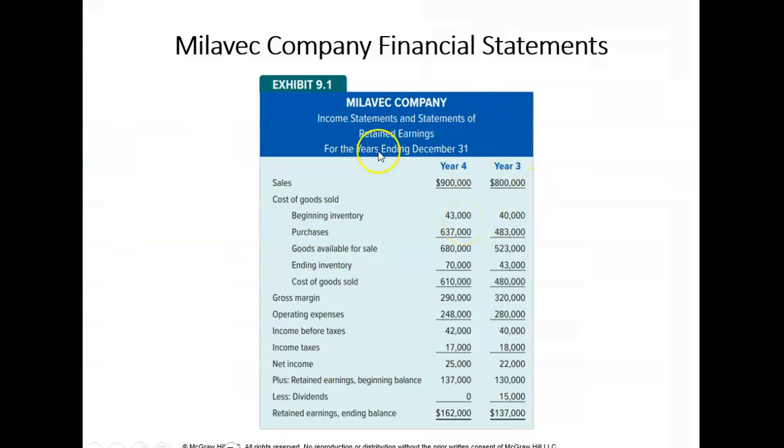So here we have an income statement and retained earnings statement for the Millivac Company for both year 3 and year 4. So it's showing their sales, cost of goods sold, gross margin, their expenses, their net income. Then it shows the beginning retained earnings less dividends to compute their ending retained earnings.